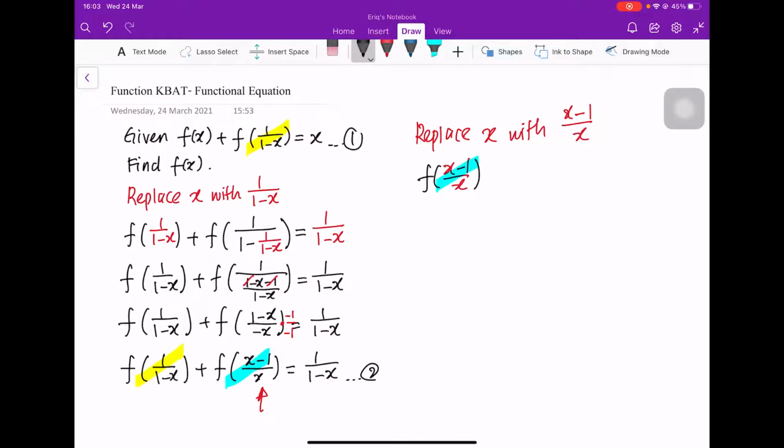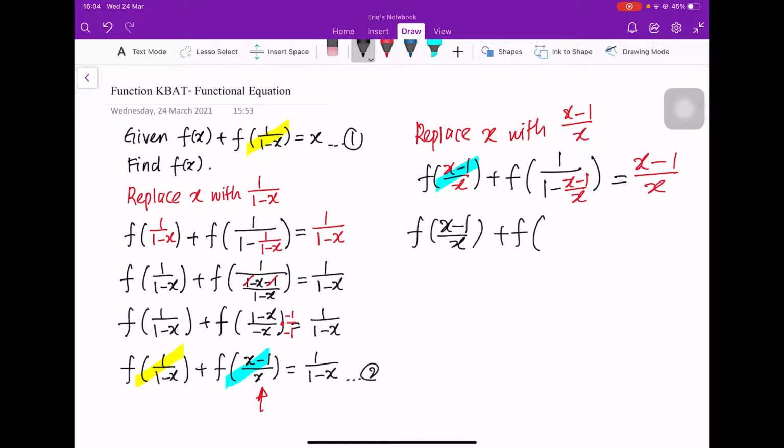We just do it step by step. Plus f of 1 over 1 minus x minus 1 over x equals, and don't forget you have to do the same for all the x. Then just go ahead and simplify this. This will be x minus 1 over x plus f of 1 over x, minus minus becomes a plus 1 over x.